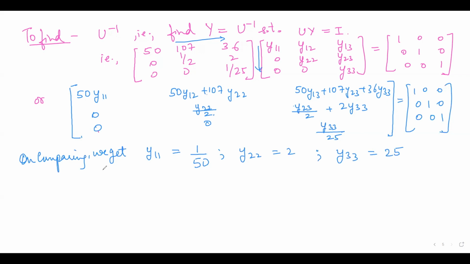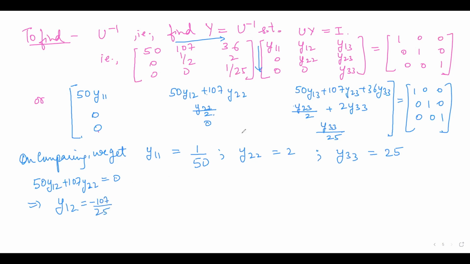Now, first of all, this one will give me 50 y12 plus 107 y22 is equal to 0. Because I know the value of y22, that is 2, I'll just substitute here, or rather I'll just write the answer quickly. So y12 I am getting as minus 107 upon 25.